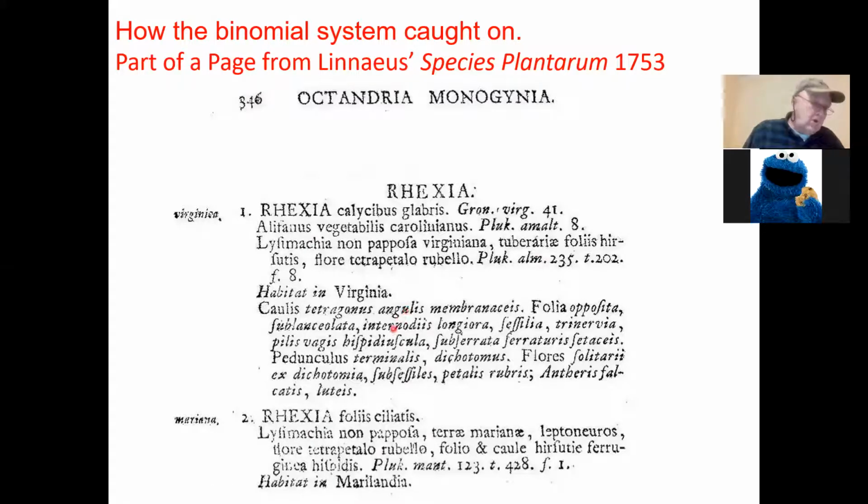The International Code has said that 1753 is the starting point for most plant nomenclature. So if Linnaeus described it in 1753, then that's the name that has to be used. 1753 is a pivotal point in botanical nomenclature for that reason. If I got any questions.